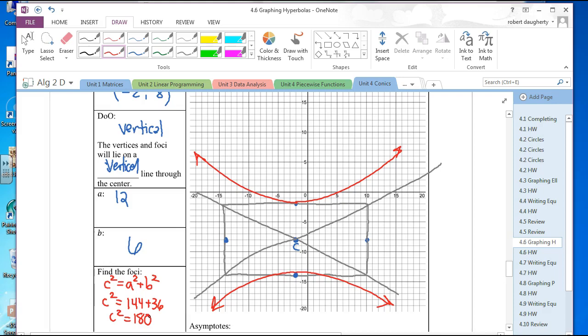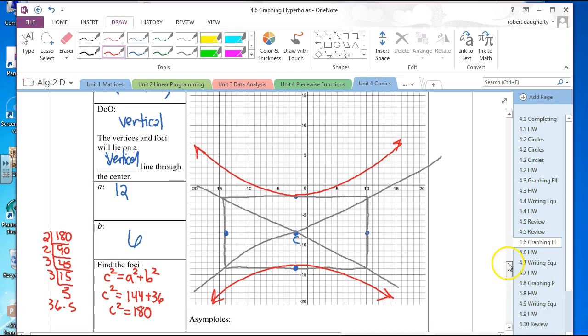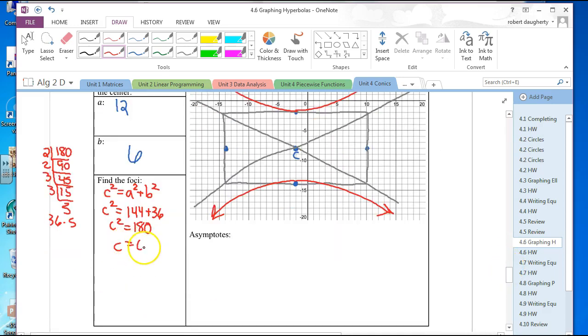And to simplify 180, let's see, that's 2 times 90, which is 2 times 45, which is 3 times 15, which is 3 times 5. So this is what, 4 times 9? This is 36 times 5. So the square root of 36 times 5, what does that simplify to be? 6 root 5. Okay. So C is equal to 6 root 5, and let's just get an approximation, 13.4. So C is about 13.4.